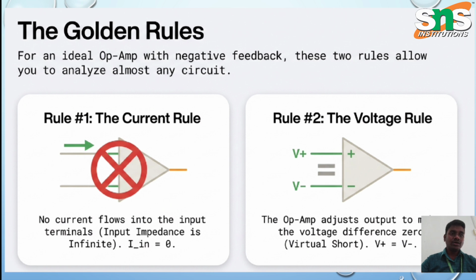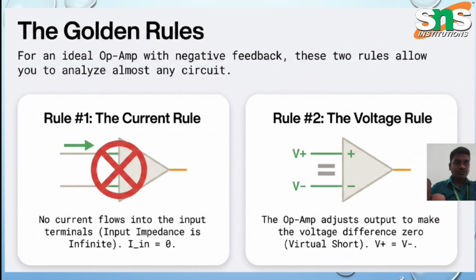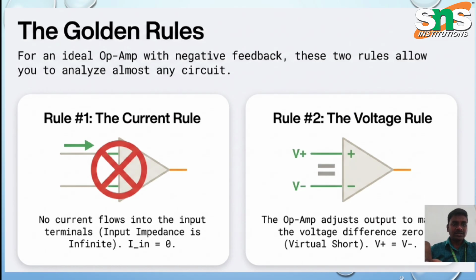Second, the voltage rule: the operational amplifier adjusts the output so that the voltage difference is 0, a virtual short. So the V plus and V minus difference is 0, and V plus is equal to V minus.